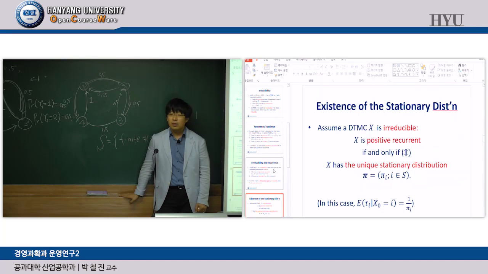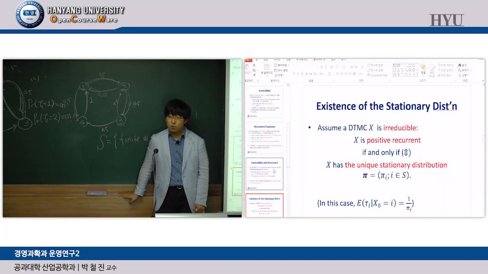The definition of stationary distribution is about linear equations, right? So when you solve this linear equation and can figure out the unique solution, then you don't have to consider such subjects.